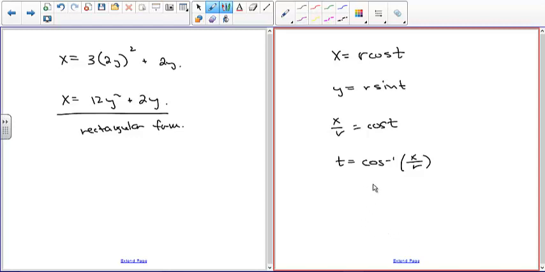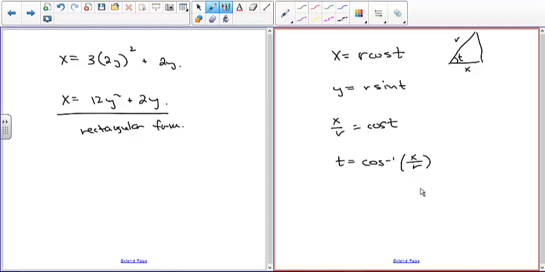Okay, so now what do we do? If we go back to this original expression, draw a triangle. We'll call the angle t. So the cosine of t is equal to x divided by r. I'm kind of using trig substitution, creating a triangle from one of my expressions.